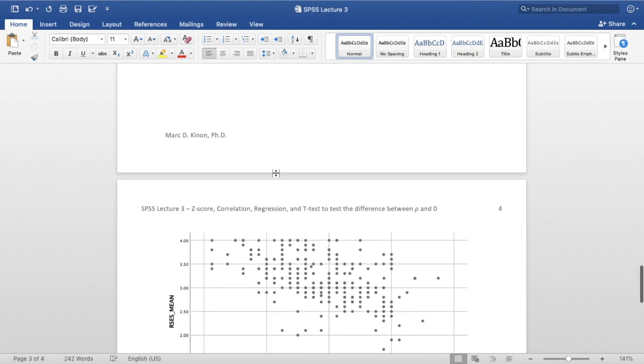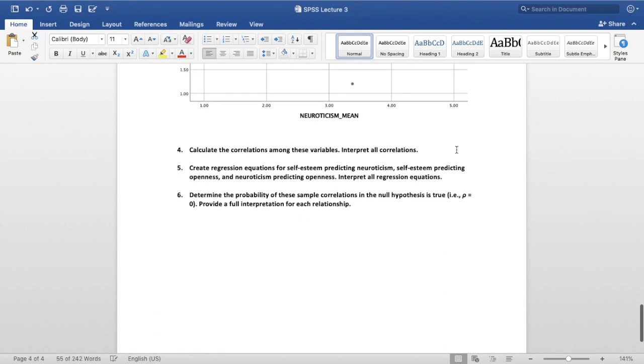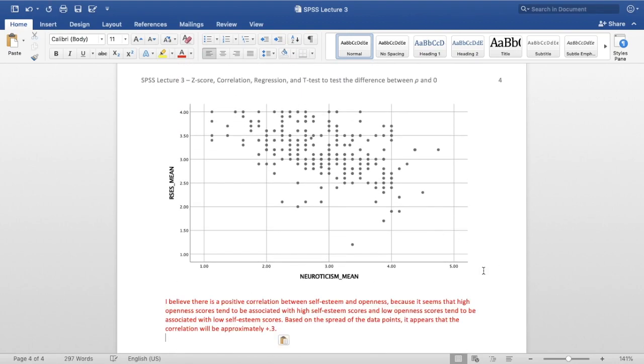Just going to put this on its own page. I'm going to borrow this interpretation, just change some of the words. As you can see, this is going to be a negative relationship, because if you draw a line through the points, it seems like you would draw a line from the upper left to the lower right, and if the line is slanting in that direction, you know that represents a negative correlation.